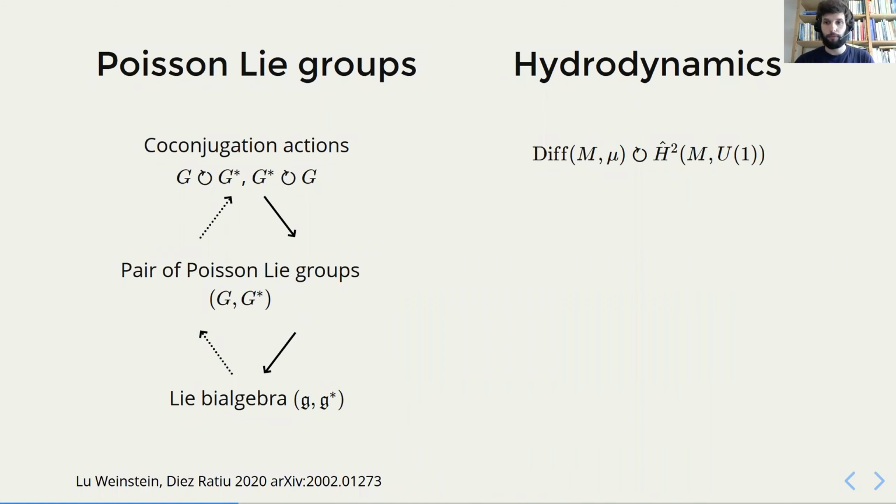If you never heard about these, then you can just think of this H2 as the group of all principal U1 bundles over M up to some gauge equivalence, so U1 gauge transformations, and then connections on these bundles. So it's an equivalence class of a bundle plus connection modulo gauge transformations.